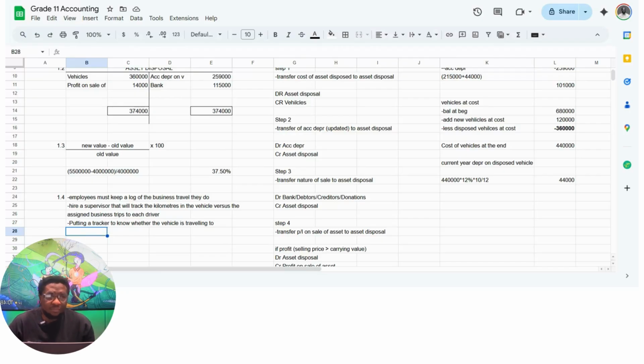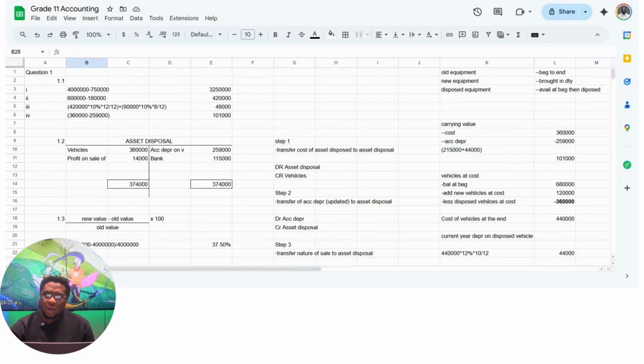Another one could be ensuring that you assign a particular vehicle to one particular worker. In that case, it makes sure that that one person is held responsible and there are no mix-ups happening. So that pretty much concludes question 1.